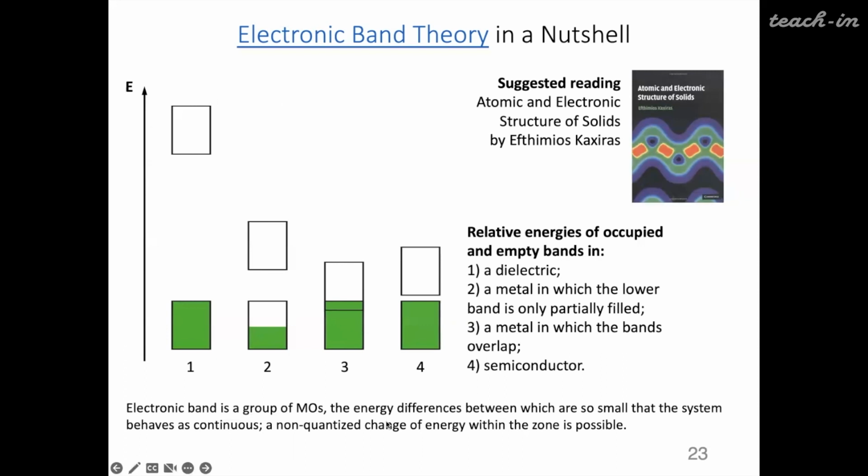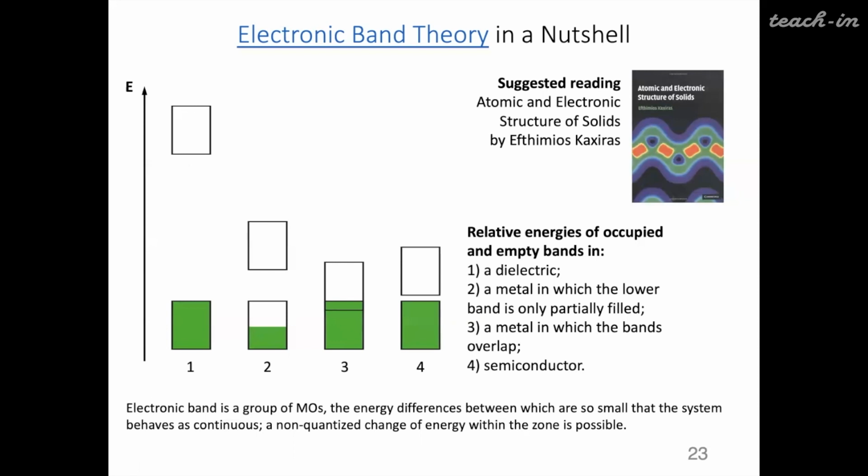This is all. These parameters of electronic bands can be used as features if we want to describe some element, some material properties.